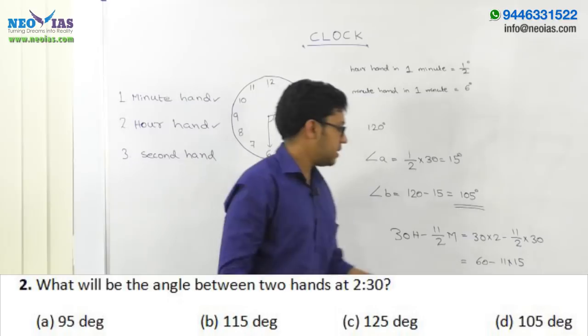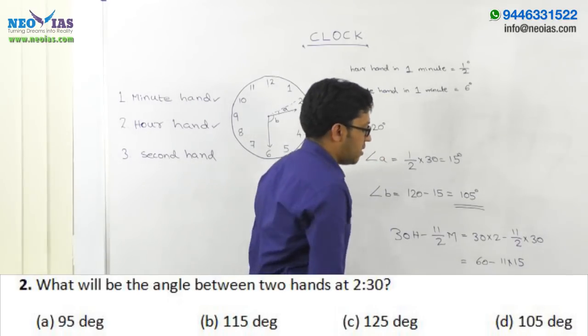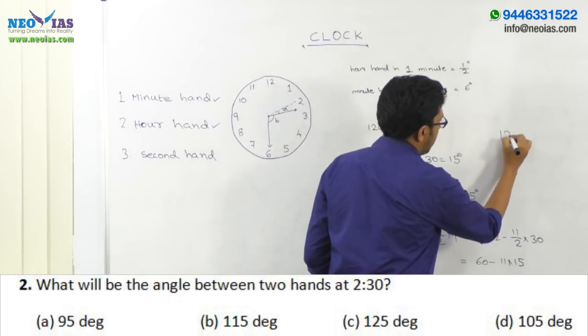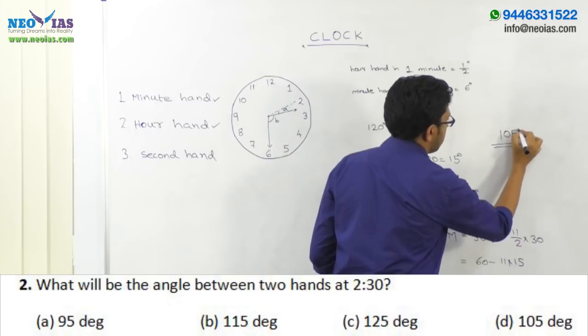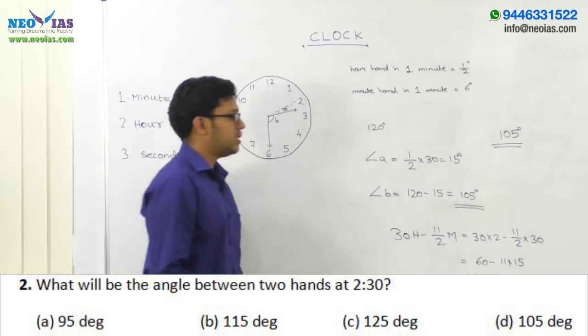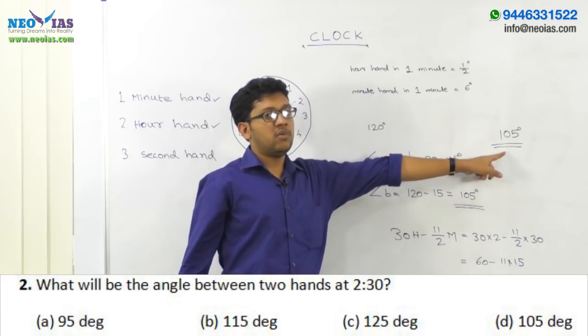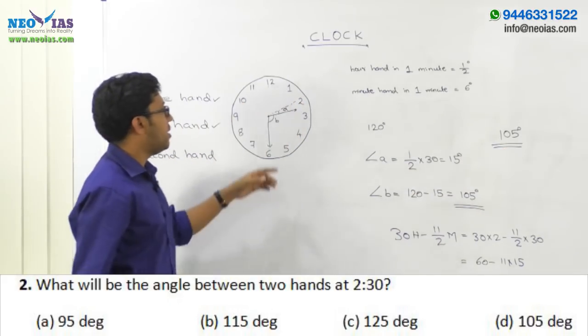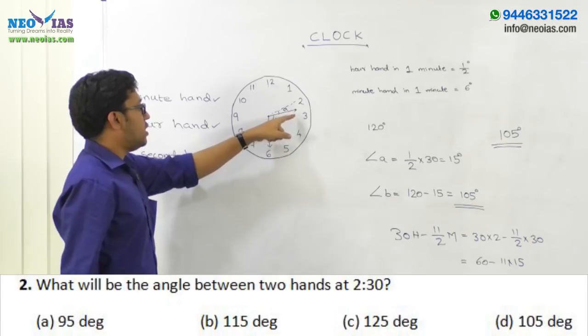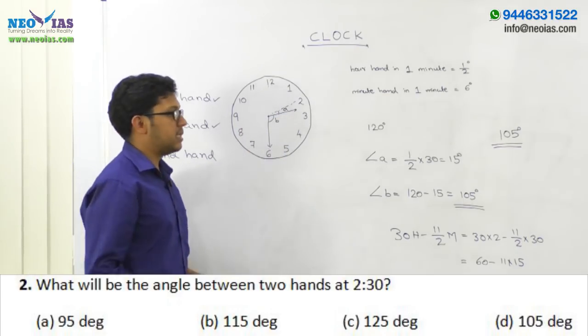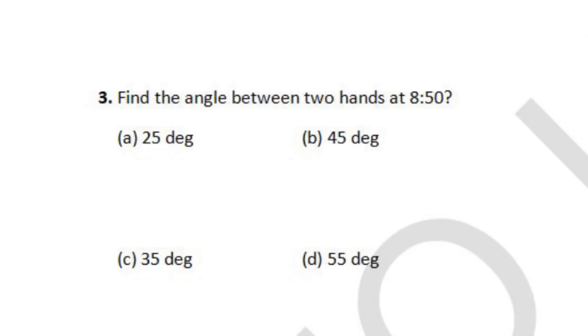Don't consider this minus and write your answer as 105 degrees. If minus arrives, there is no problem. Write your answer as positive 105 degrees. The angle between two hands at 2:30 will be 105 degrees. We can go for the next problem.